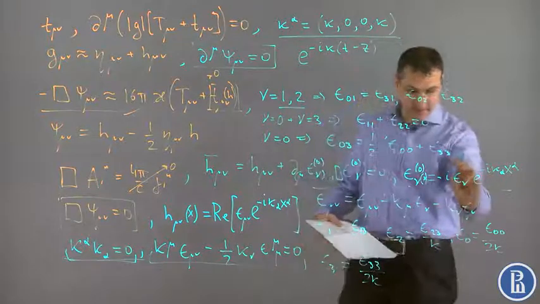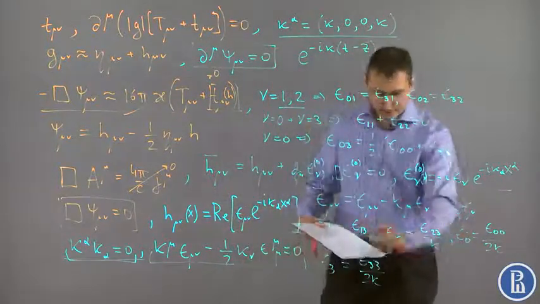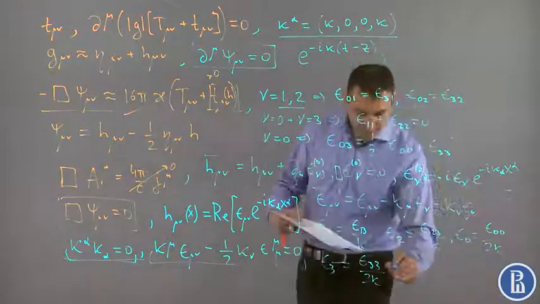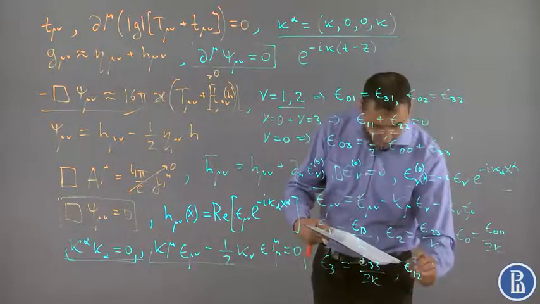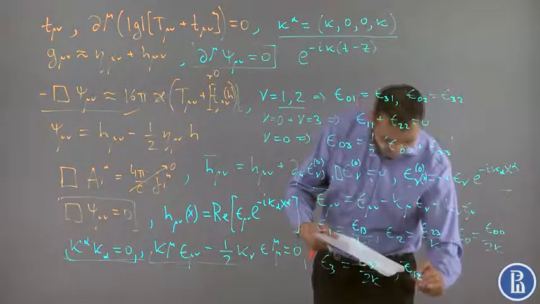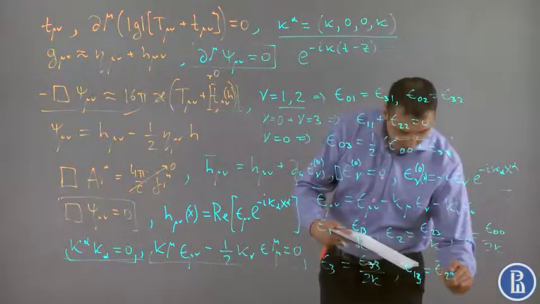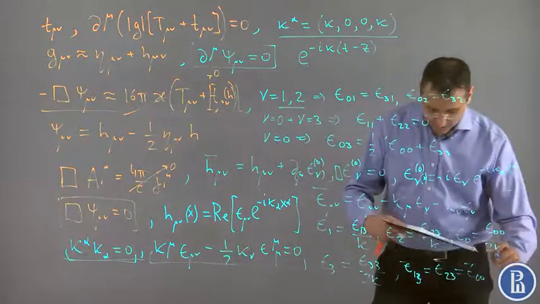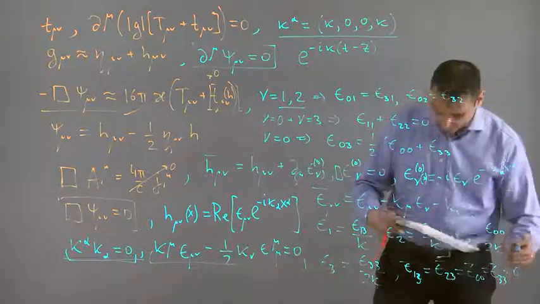So if we fix this epsilon through these components of this tensor like this, as a result we achieve the following goal, that epsilon bar 1,3 is equal to epsilon bar 2,3, is equal to epsilon bar 0,0, and equal to epsilon bar 3,3, and all of them are equal to 0.